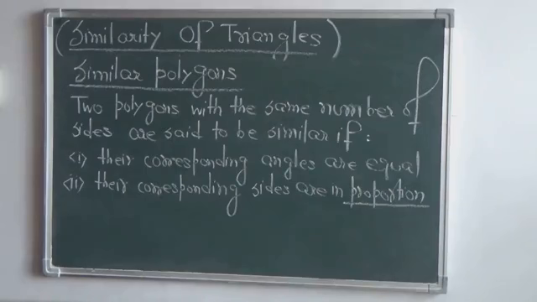The first polygon that we can talk about is a triangle, a three-sided figure, and we are discussing the similarity of triangles, when two triangles are said to be similar, and what will be the criteria to prove that two triangles are similar. So here first we will start with the basic proportionality theorem.